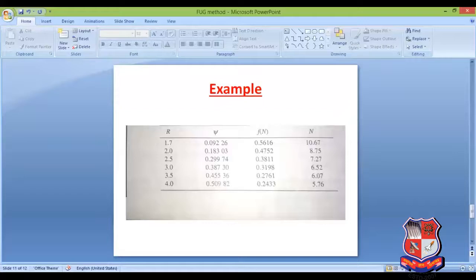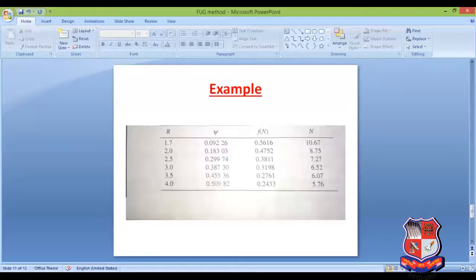Now, when my R is 3, my N will be 6.52. That means my N is 7. For R equal to 3.5, my N is 6.07. So what will the approximation be, 6 or 7? It should not be 6, it should be 7.